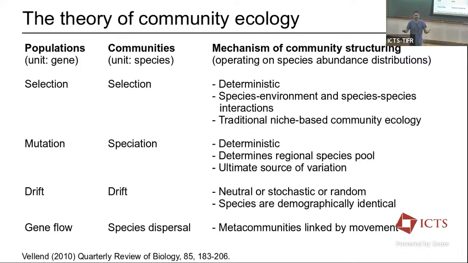If I'm a species highly tolerant to this environment, highly adapted to this environment, then my abundance in this environment will be high. So selection can operate over there. You can have speciation where you have new species forming, and that's similar to mutation, right? Mutation is causing the emergence of new alleles. Speciation causes the emergence of new species.